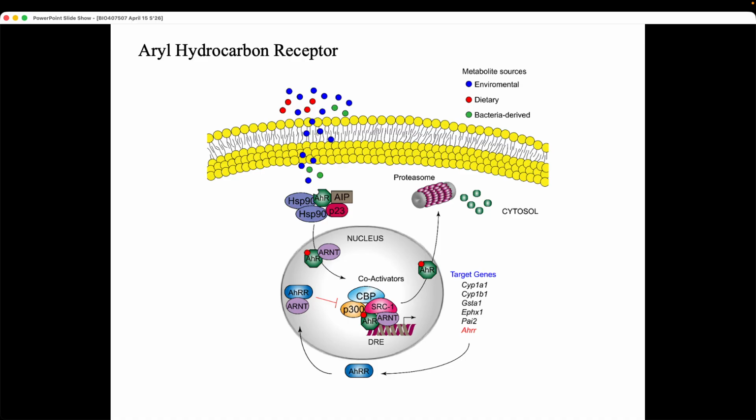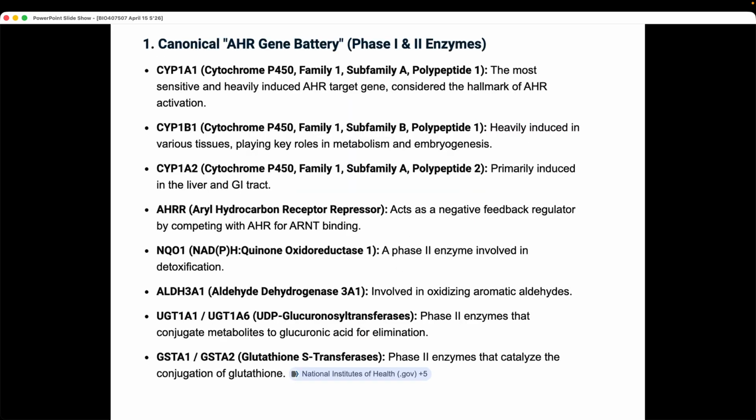So in talking about how the aryl hydrocarbon receptor works, there's a common set of genes that it activates, a whole bunch of genes that code for enzymes involved in metabolism, especially metabolism that would be breaking molecules down.